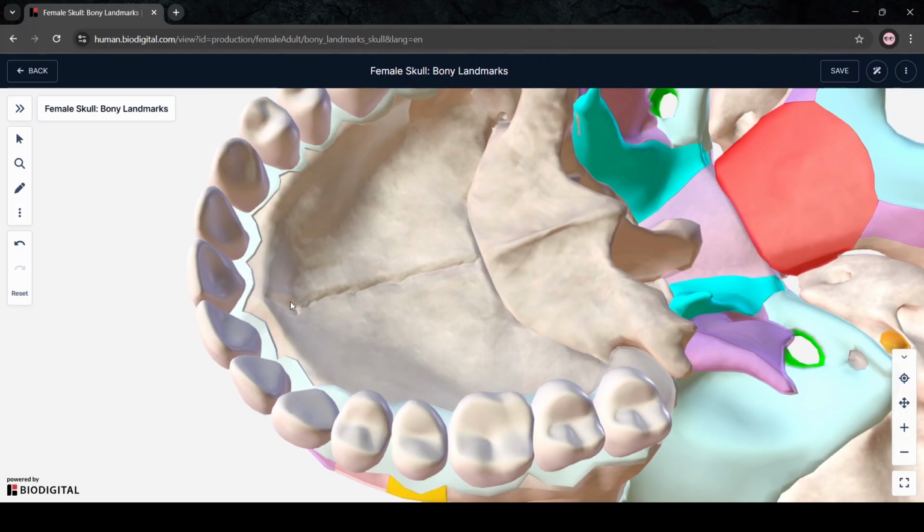This is the incisive fossa. So the central incisor teeth, which people usually have as bunny teeth, those two teeth at the very front, posterior to those we have the incisive fossa, and then posterolaterally on the bilateral sides we have the palatine foramina.